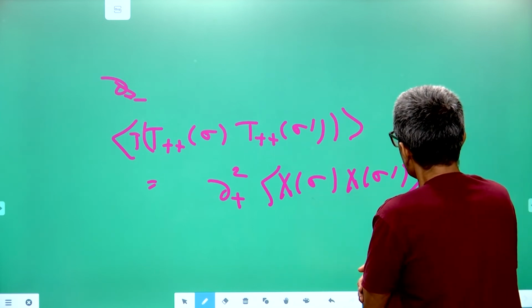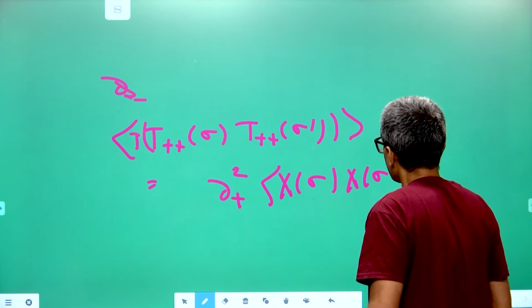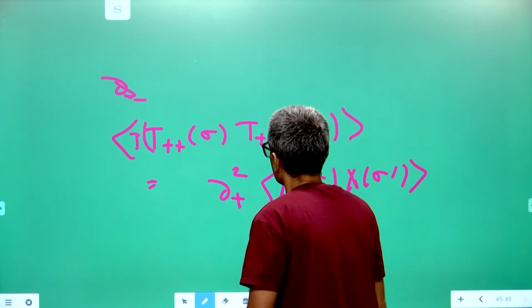It will be ∂_+ at the equal time, there will be a factor of δ(τ − τ'). You can see that very easily.